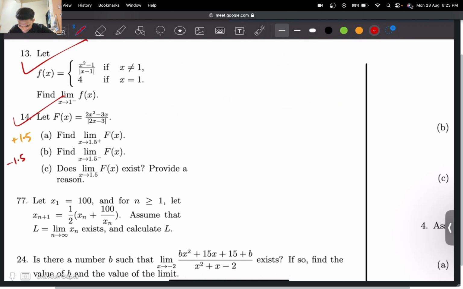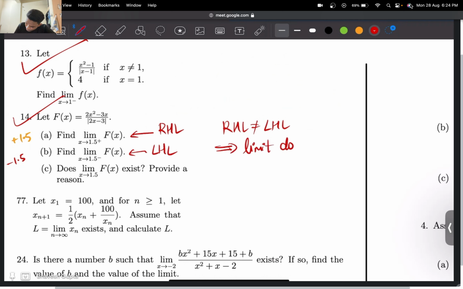It basically tells you whether the limit exists or not, because the first part gives the right hand limit, the second part gives the left hand limit, and we see that the right hand limit is not equal to the left hand limit, and hence the limit doesn't exist. So the answer in this case is that the limit doesn't exist.